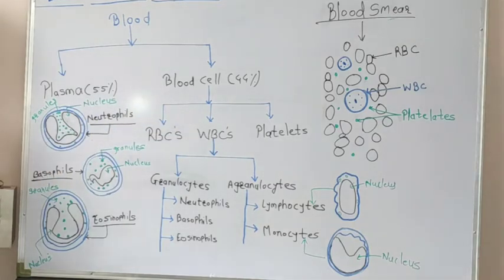When the WBCs decrease, it causes leukopenia. Leukopenia happens when a patient has HIV, AIDS, or TB, or is exposed to radiation, or faces some shock. Then the WBCs decrease and cause leukopenia.